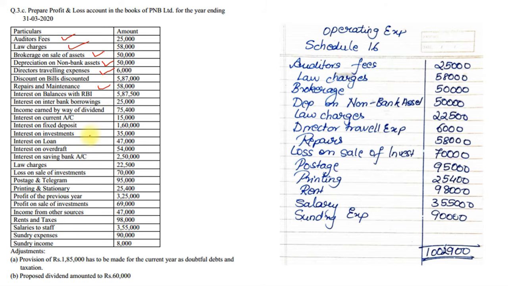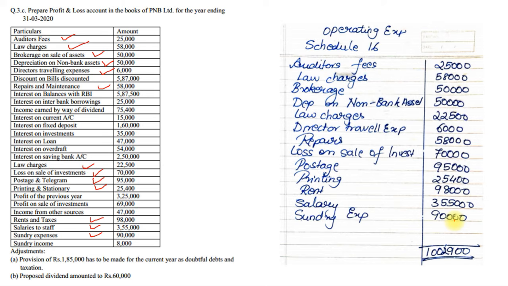After that we have again law charges, loss on sale of asset, postage, printing, rent and taxes, salary to staff, and sundry expenses. The amounts are 25,000, 58,000, 50, 50, 22,500, 6,000, 58,000, 70,000, 95,000, 25,400, 98,000, 3 lakh 55,000, 90,000. Total comes to 10 lakh 2,900.